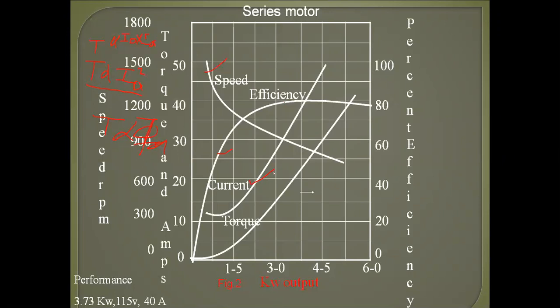Hence, under the same load conditions, the rating of a series motor would be less than that of a shunt motor. This is about the explanation of the performance characteristics of the DC series motor.